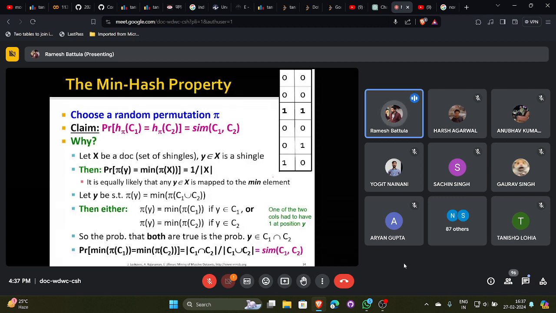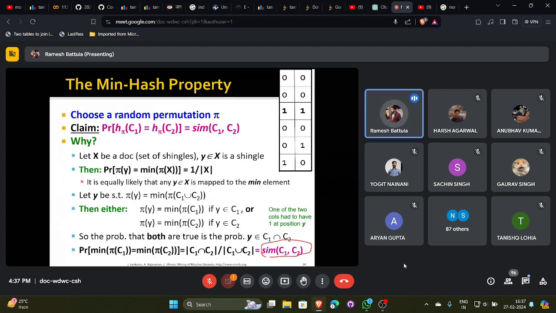Based on this probability, suppose both are true, then y belongs to c1 intersection c2. Finally, the probability that min of pi c1 equals min of pi c2 is the length of c1 intersection c2 divided by the length of c1 union c2, which is equal to the similarity of c1 c2.